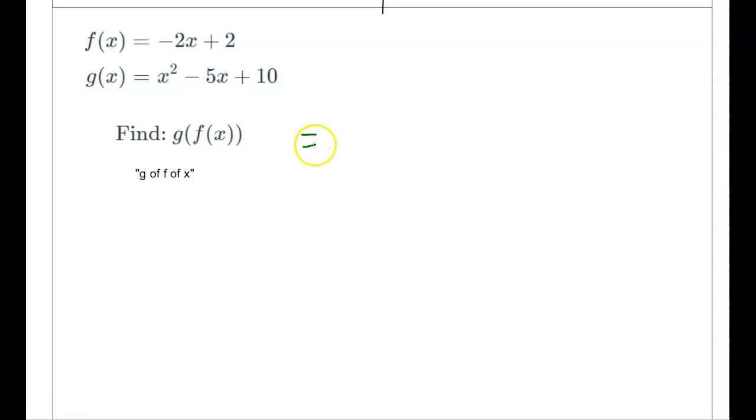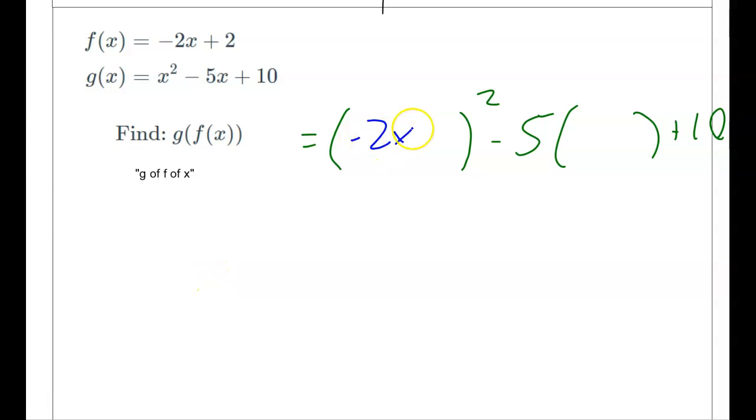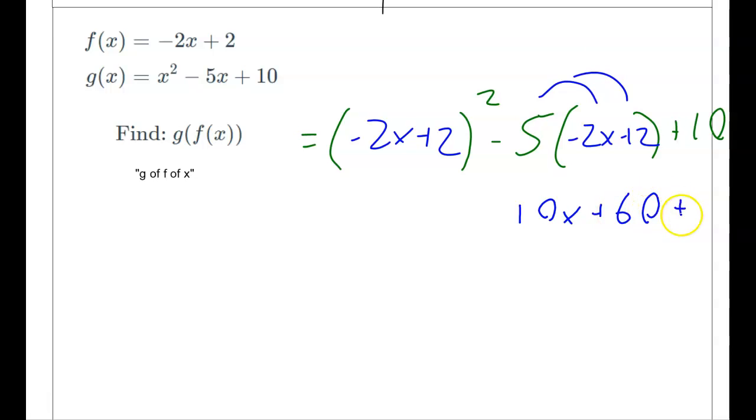So I'm going to rewrite g, but I'm going to leave some space. I'm taking out my x and making parentheses. And then every time I had an x before, I'm going to put my function f. And I simplify, right? So I get 10x plus 60 plus 10.